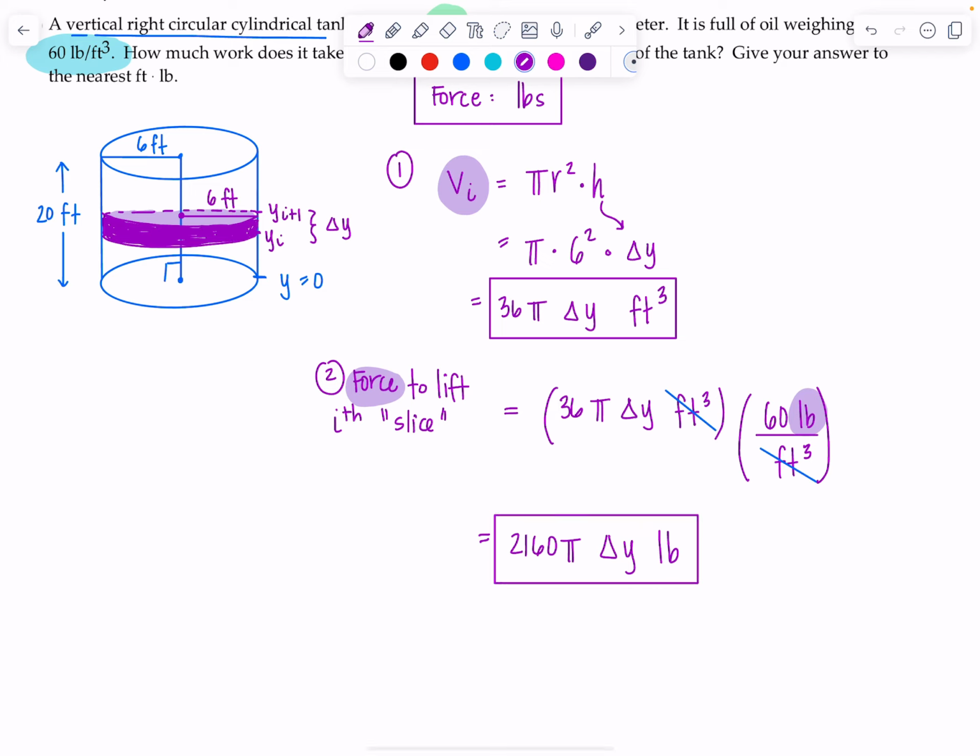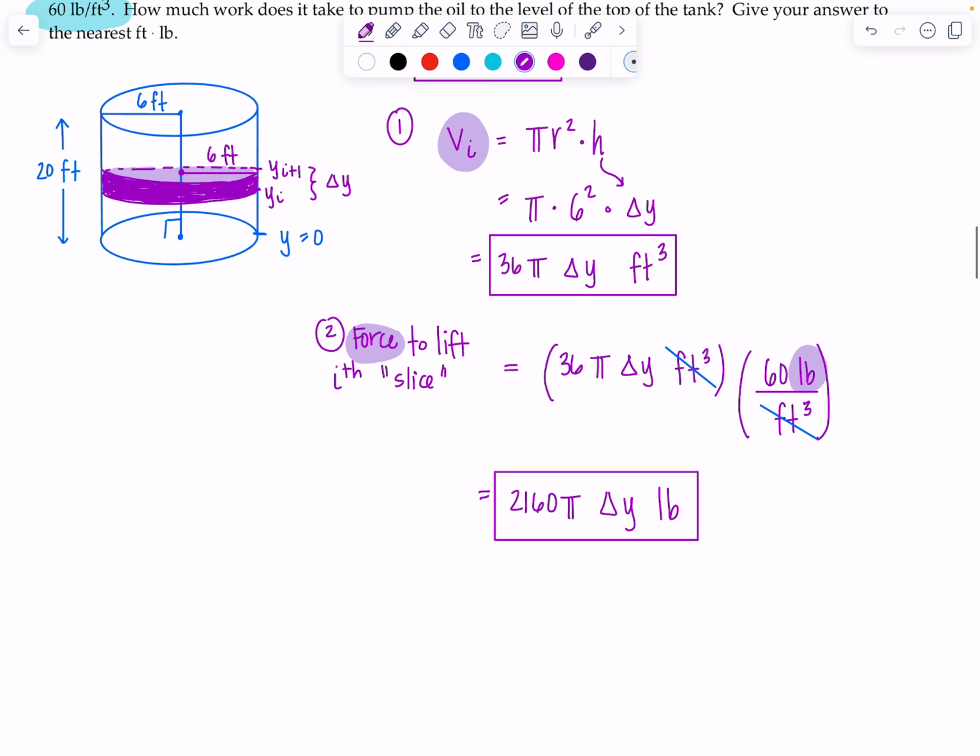So now I have that first chunk of my integral. The next part I need is the distance that the layer, the oil layer, the one at y sub i, moves to get out of the tank. Okay? So let's think about it this way.